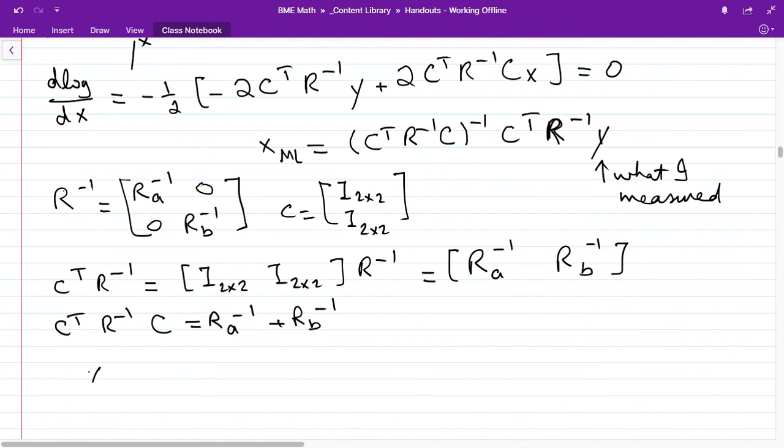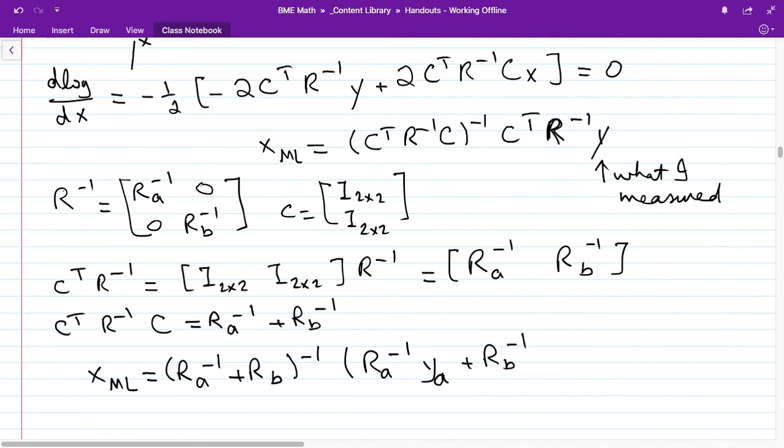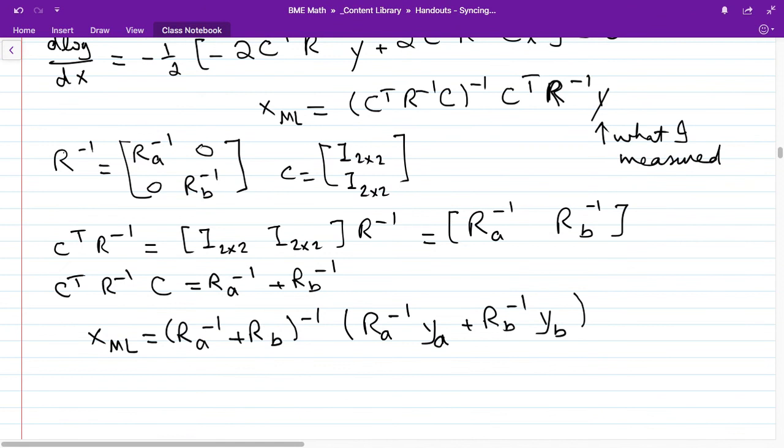So when I write my maximum likelihood estimate, I have this term, inverse, times C transpose R minus 1 times Y, which is the first noise inverted times my measurement from the first GPS plus the second noise inverted times the measurement from the second GPS. So see what this is doing.